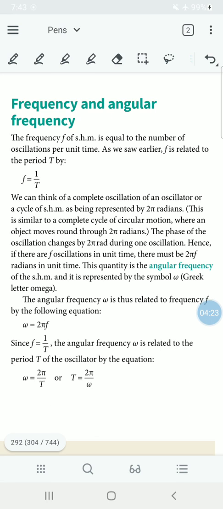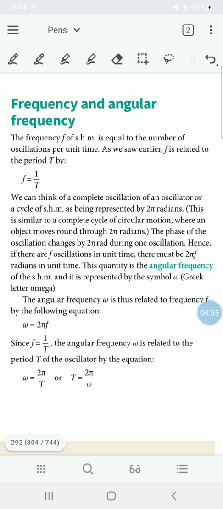That omega is angular frequency, right? Angular frequency omega is equal to 2 pi f. This equation is what you need to remember. Because f equals 1 upon T, instead of f you can substitute 1 upon T. Then omega is equal to 2 pi upon T. Through that we can obtain the period to be T equals 2 pi upon omega.